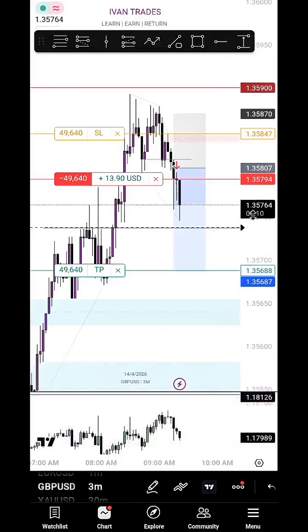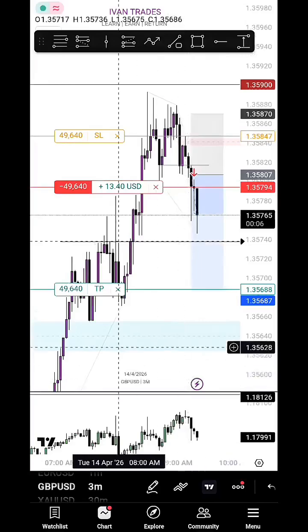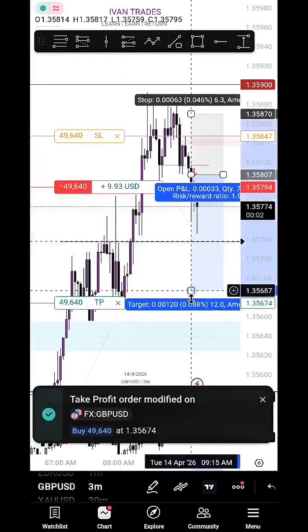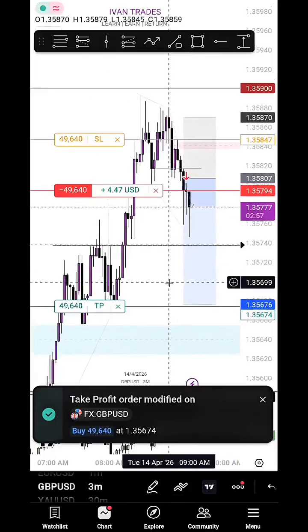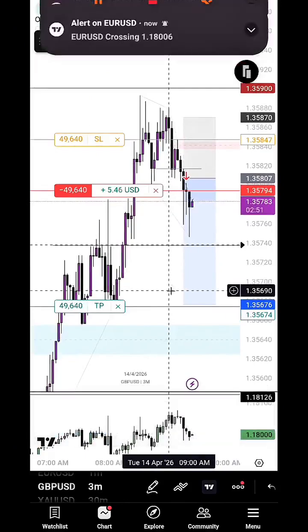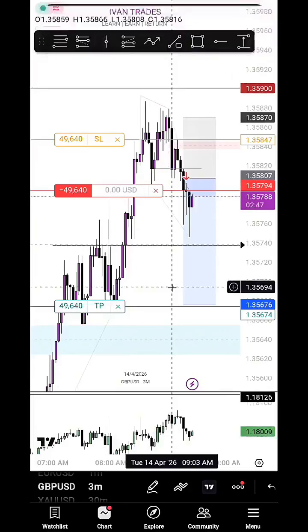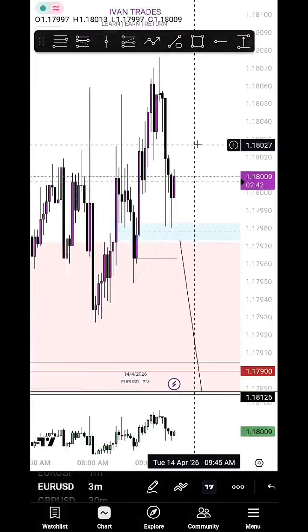This is not essentially a one-on-one risk to reward ratio because I hesitated in entering the trade. I think I did put the stop loss at this low.